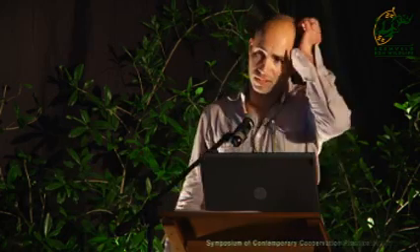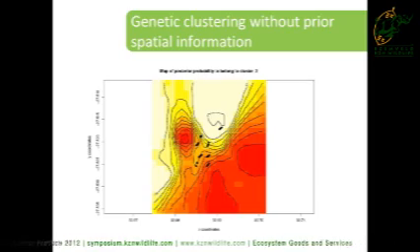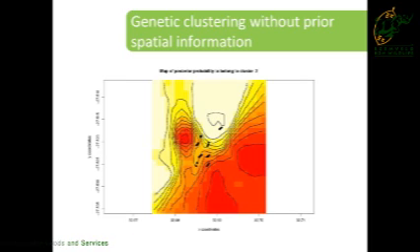Now, you guys heard the previous talk, which was on the Bayesian clustering analysis of probabilities. So I just looked at the genetic information without prior information on the location of those samples. I just put it in the model, and I asked the model, tell me what are the most probable number of populations or clusters or groups on 2-mile reef.